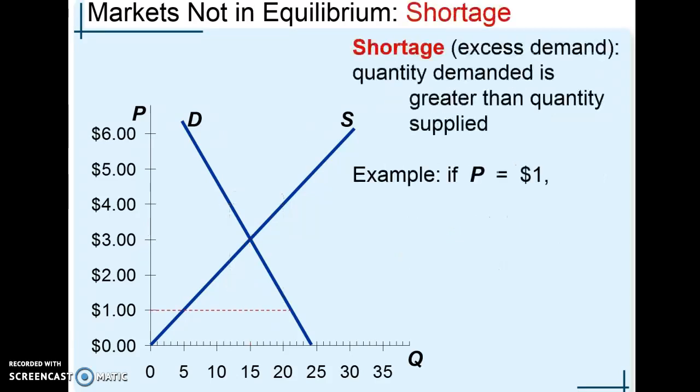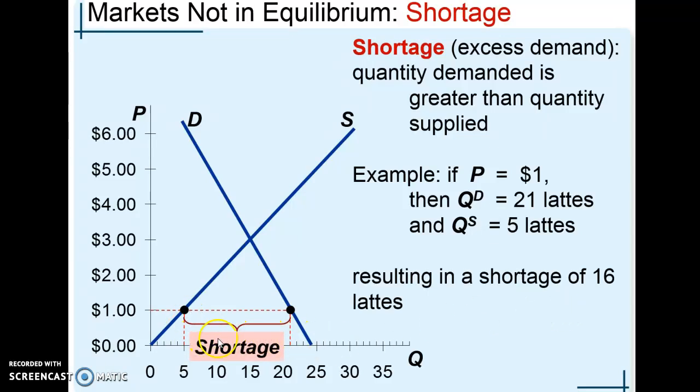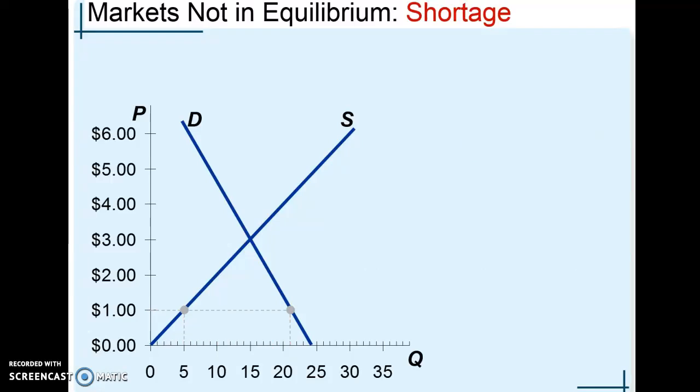Now let's look at the other side. What if we have a shortage, or excess demand, for a good? In this case, if the quantity demanded is 21 at a price of only $1 and the quantity supplied at $1 is only 5, then we have a shortage of 16. 21 minus 5 is 16.